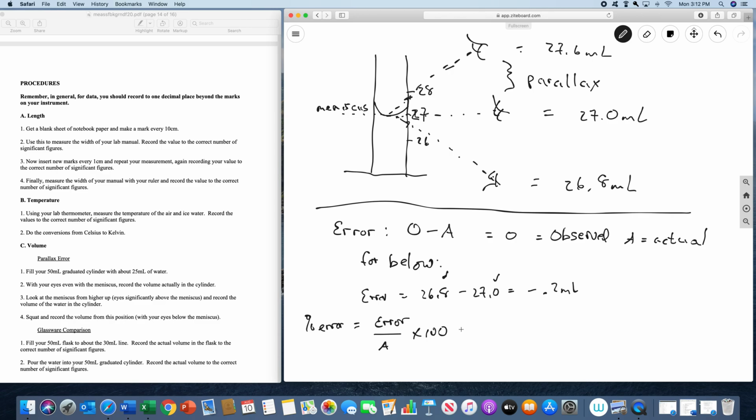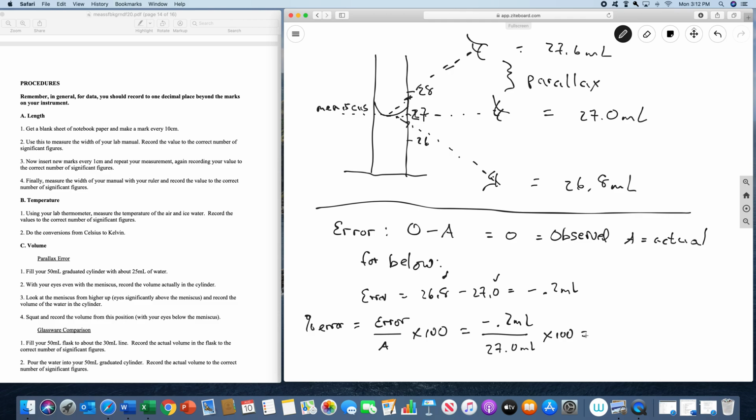In a calculation, a pure number, like part of a formula, will not affect your sig figs. So the 100 doesn't change it. But in this case, my error is 0.2 mils over my actual value, 27.0 mils, times 100. Let me get my calculator.